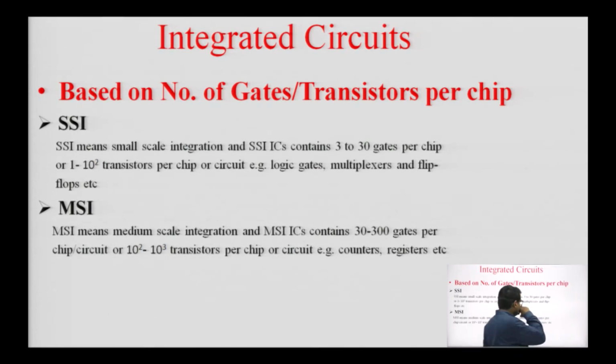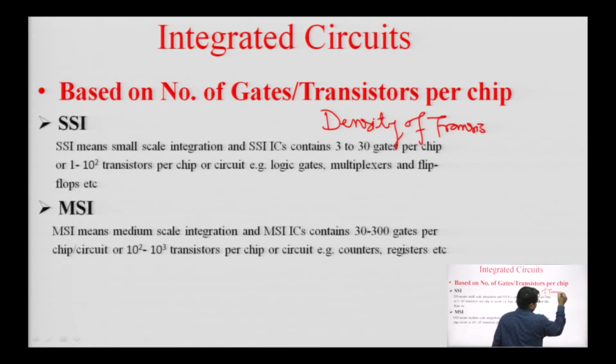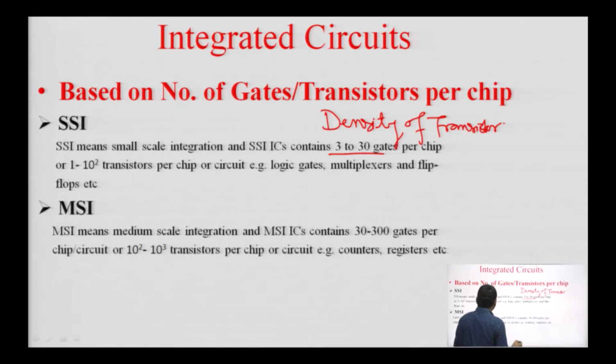Number of gates and number of transistors per chip means, according to density, this is defined as the density of transistors. In technical language, in some books, this is the package density of transistors. Okay.